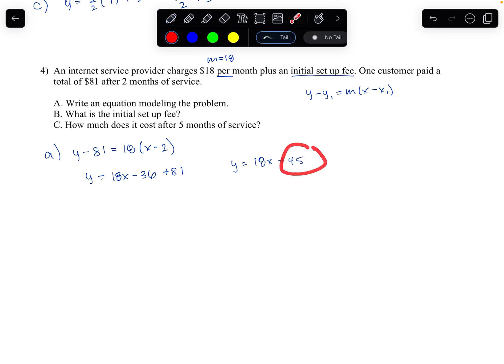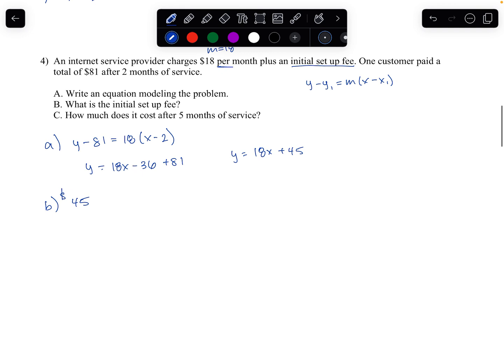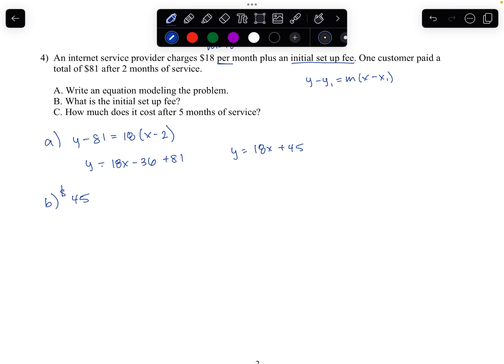So the reason why I did all this right here is because B is asking for the initial setup fee, so we found that to be equal to $45. Man, I wish things were this cheap. Let's see, how much does it cost after 5 months of service?